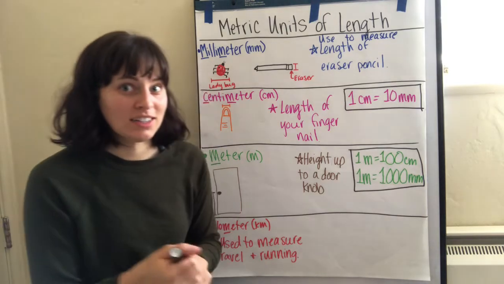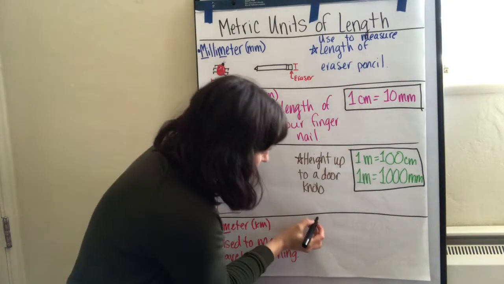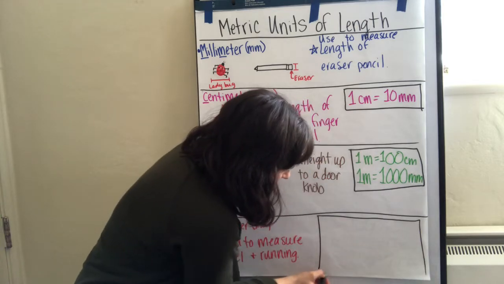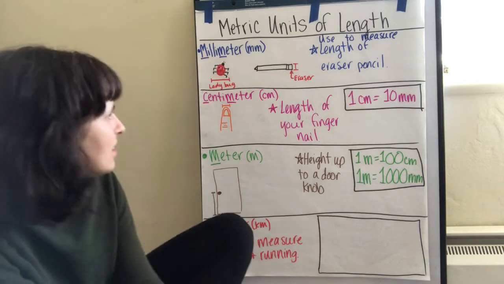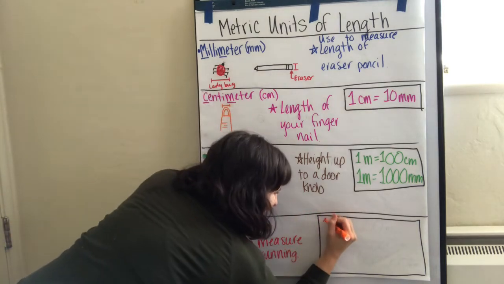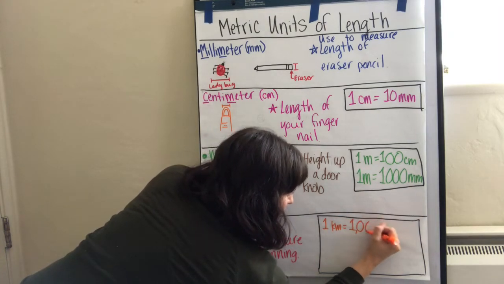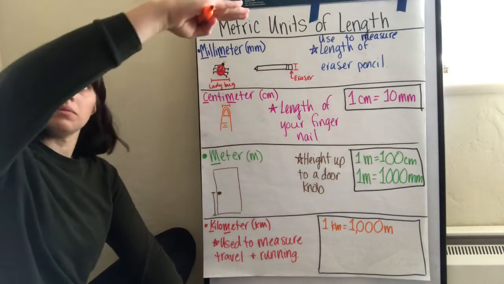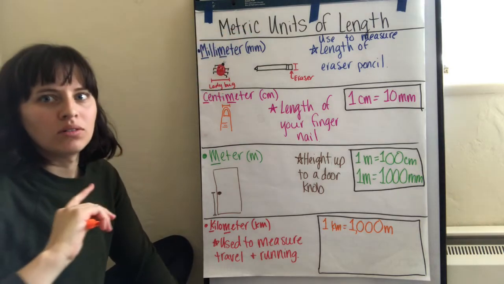And then to give you an idea of the size of a kilometer compared to these, let's write these out. I'm going to use orange. 1 kilometer equals 1,000 meters. So think about, okay, maybe about this high. 1,000 of those is about 1 kilometer.